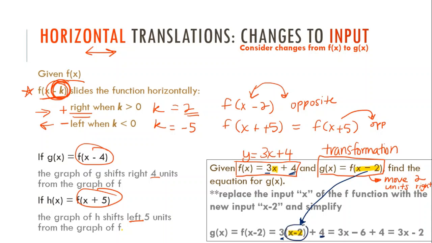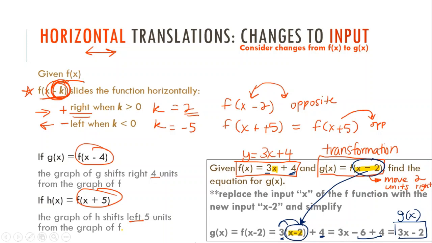I'm just swapping out this value. When I do that, I can simplify by distributing the 3 through. So 3 times x is 3x, and then 3 times -2 is -6, and I still have the +4 at the end. These are like terms, and -6 plus 4 is -2. So my new function for g of x, after I've translated it, is 3x minus 2.